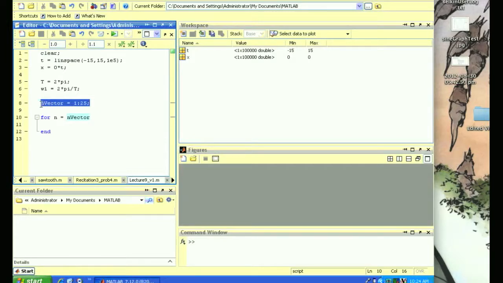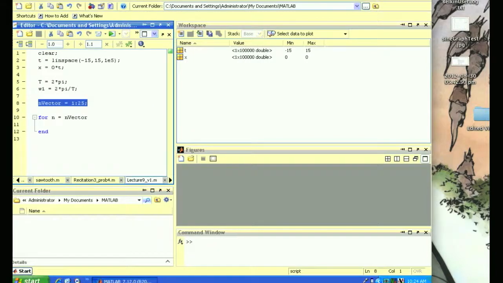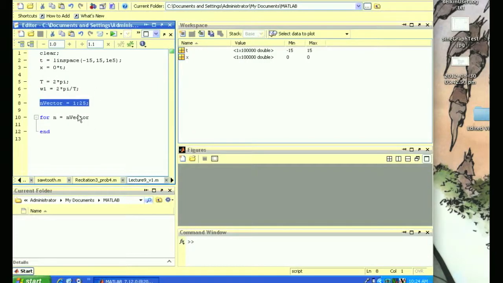In C, you basically say iterate this loop as long as i is less than some number, so there's a true condition that has to be met in order for the loop to keep iterating. In MATLAB, it's different. You're giving it a list of numbers, and it will repeat the loop once for every item in that list of numbers.